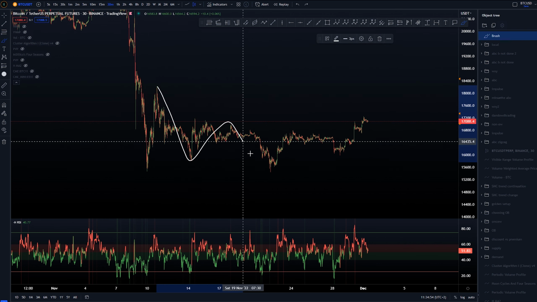The previous wave 4 here took around 16 hours. So that could be one area of time we could be looking to establish, because this is a higher time frame wave 4. So this is what we would be expecting, basically, later on today.